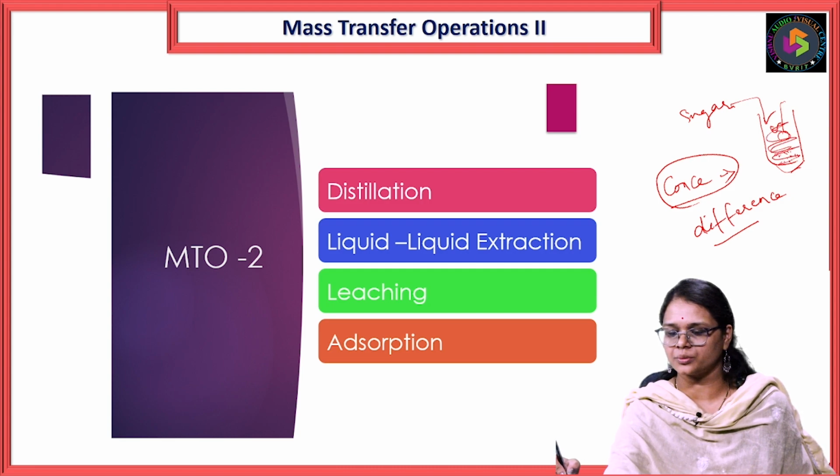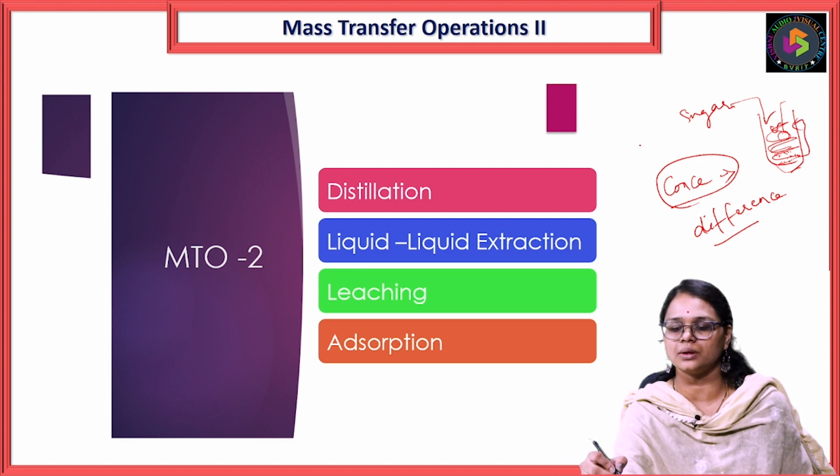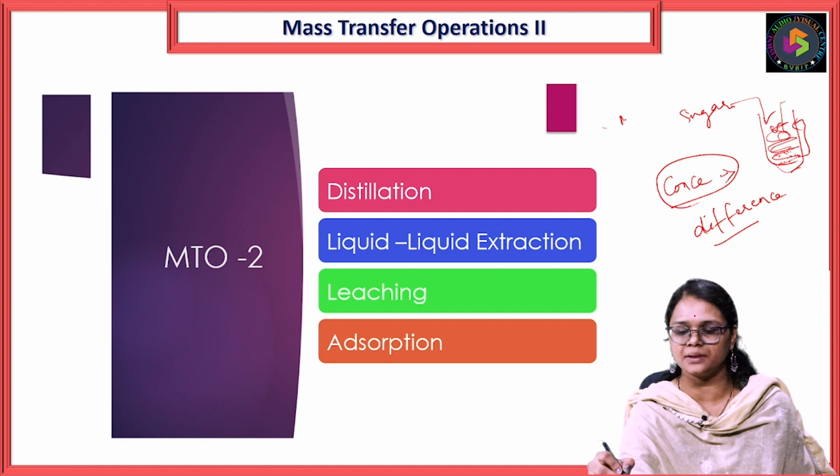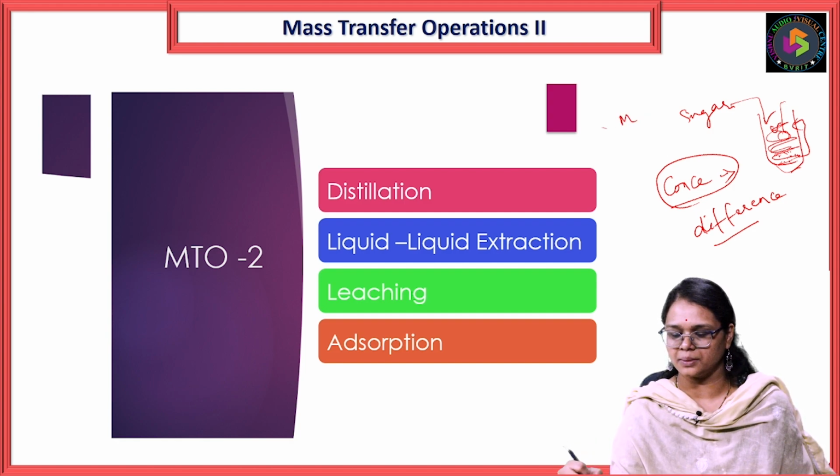Now at the bottom you have more concentration of sugar. When we use mixing, like agitation, the sugar concentration will move from the bottom to the top. This is how the concentration gradient is created, and that is how a mass transfer operation takes place. That is a simple example of mass transfer.